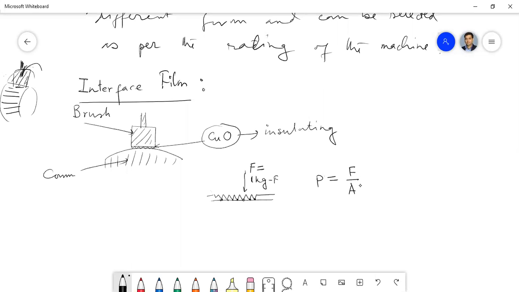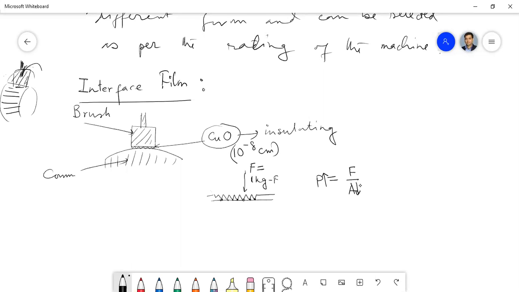Therefore this pressure becomes very high. Due to this high pressure there is a mechanical rupturing of this cupric oxide layer, and this layer is basically very thin, in the order of 10 to the power minus 8 centimeter.